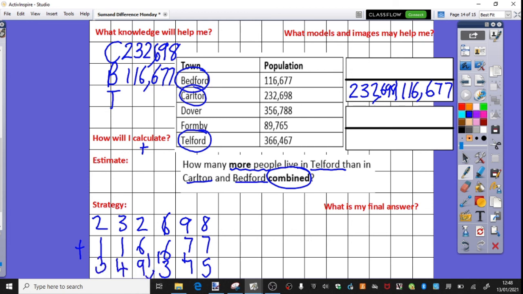So we've got 349,375. So that is our total of the two of those.